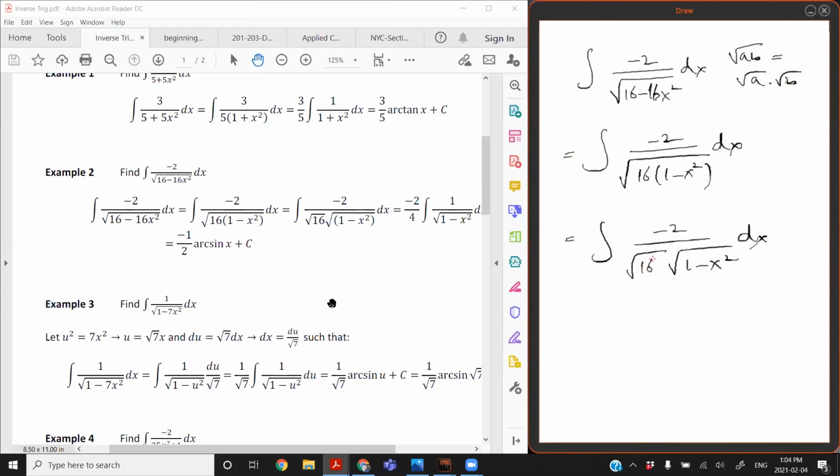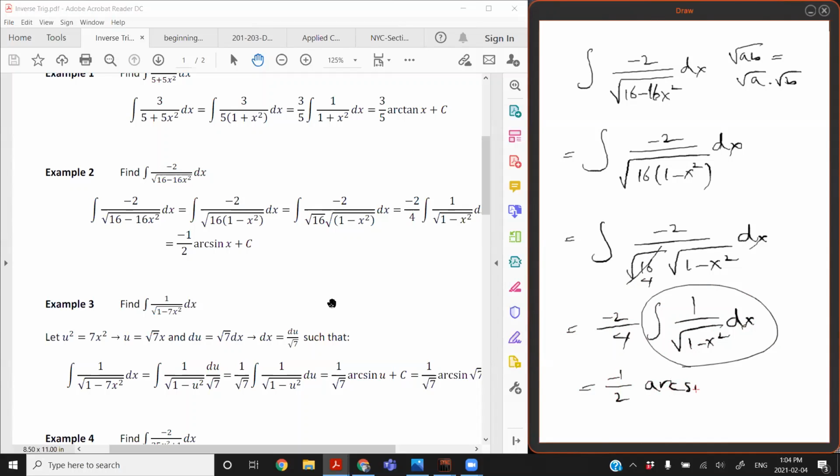But this is just a 4, right? So this becomes -2 over 4, integral of 1 over root 1 minus x squared dx. And this part here is arc sine. So the answer is -1 over 2 arc sine of x plus c.